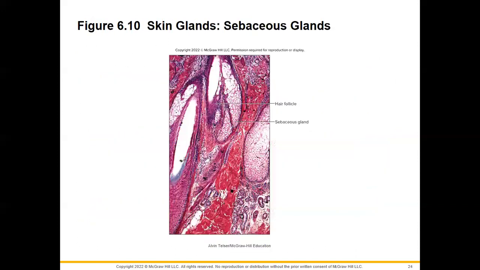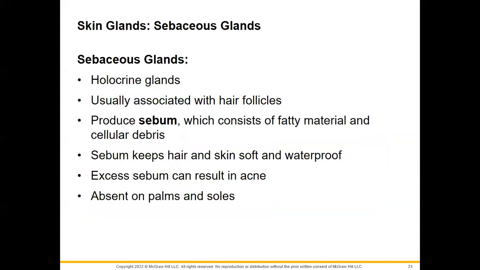So holocrine glands are the ones that secrete the entire cell. As the cell with the product is moving toward the surface, the cell degrades and releases the product. It's usually associated with hair follicles.